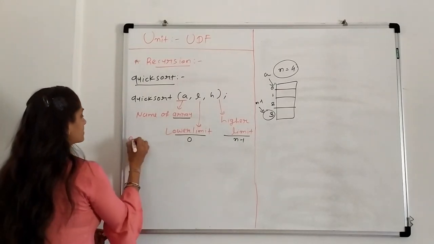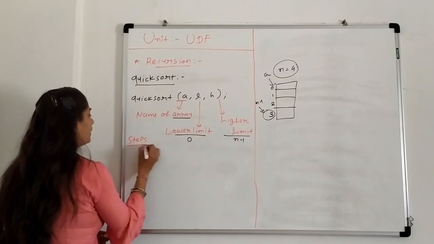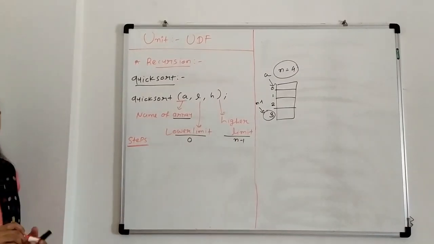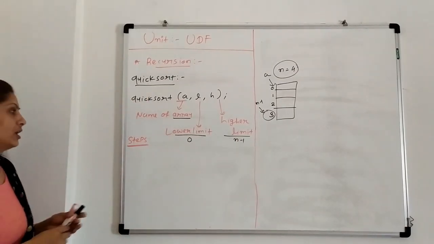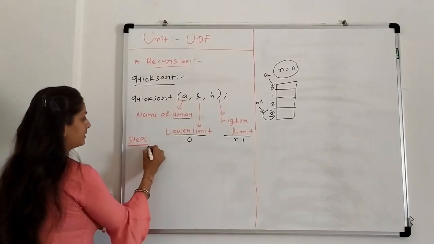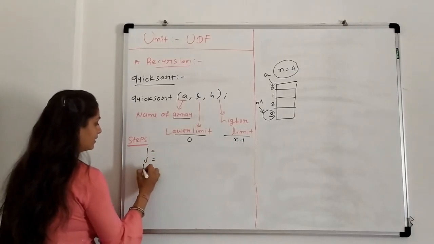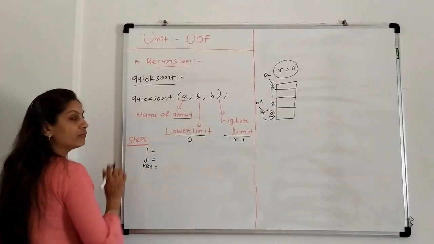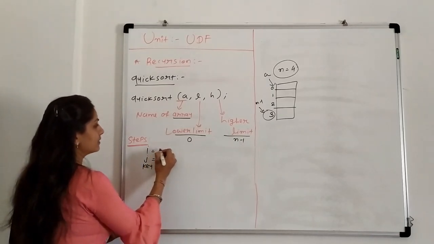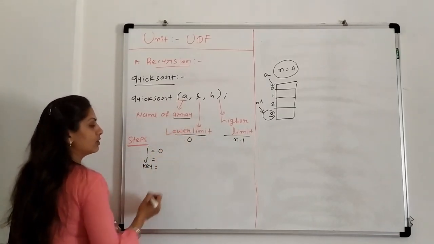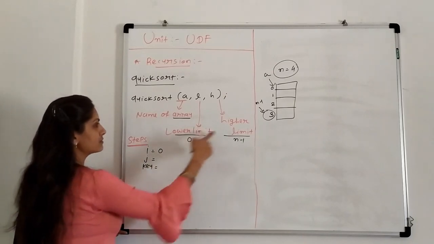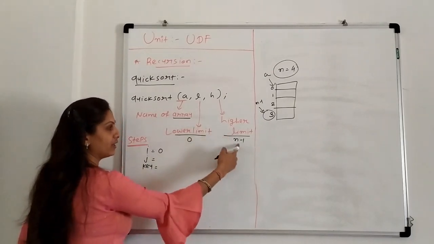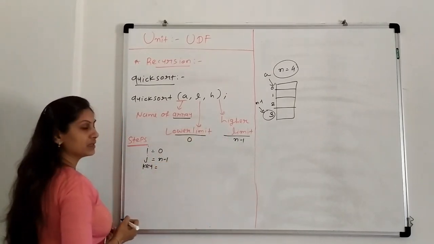So the higher limit is always n minus 1 for the array concept. Now remember the steps: how is it solved using quicksort? The first step is to declare variables i, j and key. i is nothing but the lower limit, so it is always 0. j means the higher limit, which is always n minus 1.